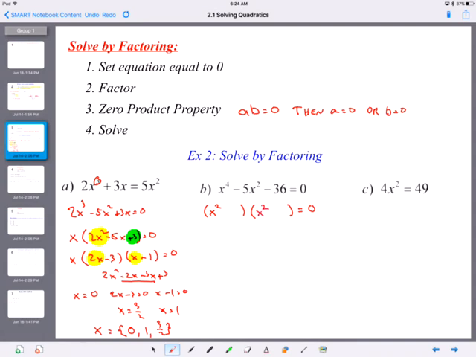And then you ask yourself, what are factors of negative 36 that are going to give you negative 5? So it would be x squared minus 9 and x squared plus 4. And that'll give you a middle term of negative 5x squared. Now, these are both quadratics again. The first one can't be factored. The second one can. It's a difference of squares, so we can factor it again.